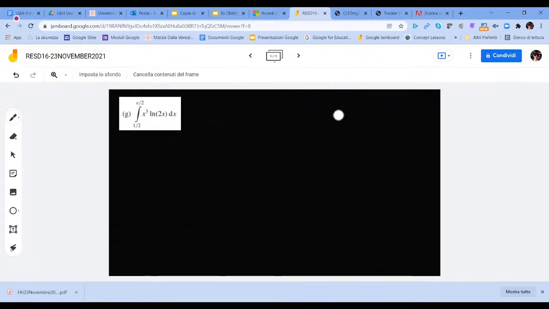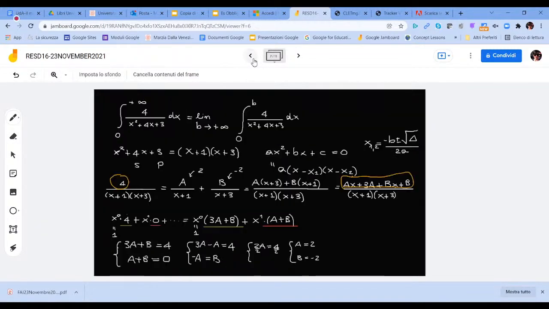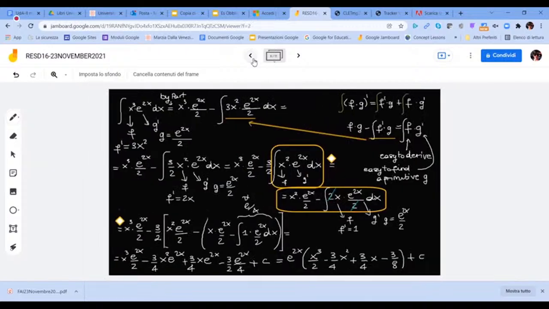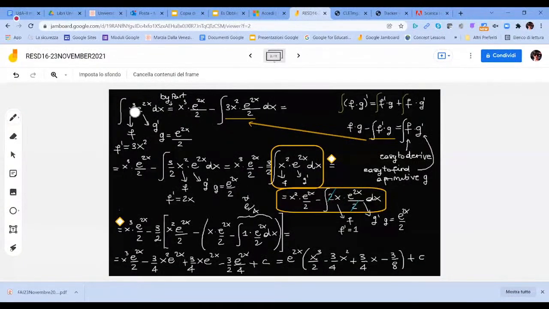We've seen last week that we had integration by parts for this product: exponential function times a power of x.